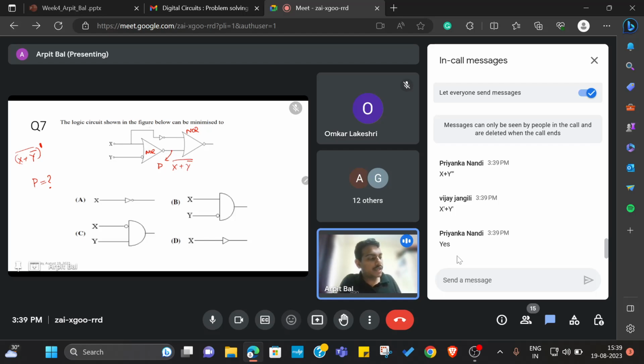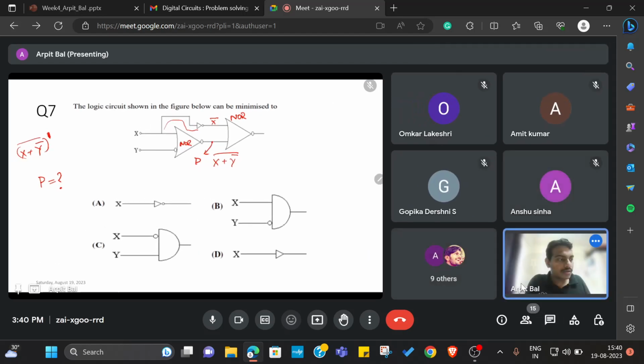And we have x bar here, because this is x, and after passing through the NOT gate, it becomes x bar. Fine. So let us simplify x plus y bar whole bar. Using De Morgan's law, we arrive at x bar dot y.